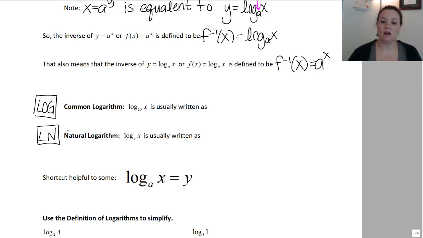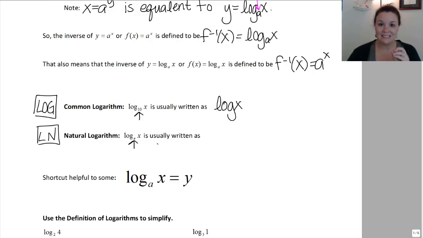If it's a common log, it is base 10. Now, when its little base is 10, we don't write it for whatever reason. That's called our common log. So anytime you see something written like log of x, if there's no little base there, it's an implied 10. The second one is a natural logarithm, which is when the little base is e.